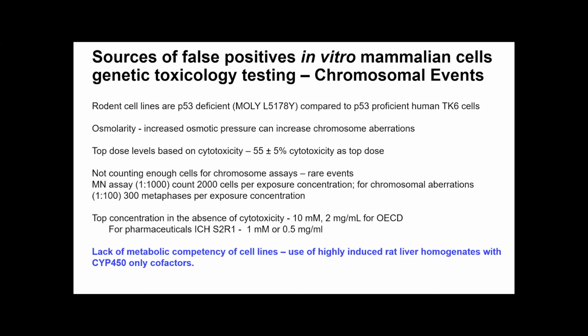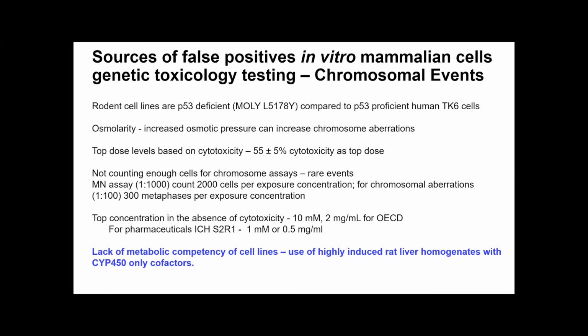On the other hand, these human TK6 cells are p53 proficient, and they're human cells. So the human TK6 cells that are p53 proficient are becoming more widely used because they're human and p53 proficient. And just serendipitously, this cell line was developed at MIT.